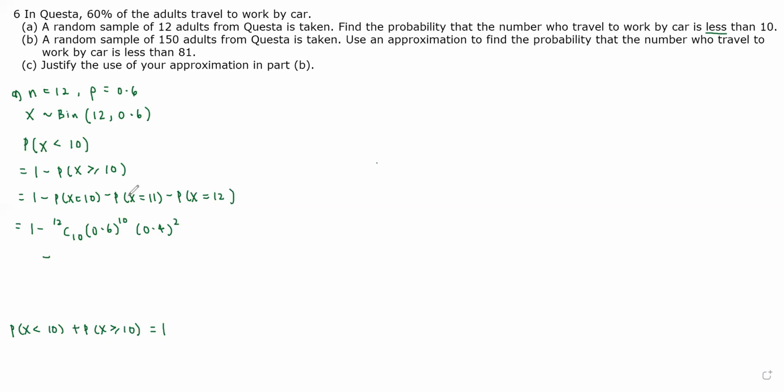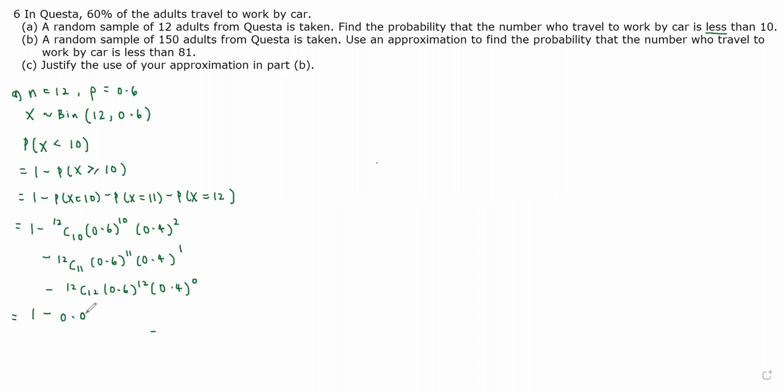Probability X equals 11 is 12C11, 0.6 to the 11, 0.4 to the 1, and probability X equals 12 is 12C12, 0.6 to the 12, 0.4 to the 0. So when we evaluate this, we have 1 minus. All these are evaluated to 5 significant figures for accuracy.